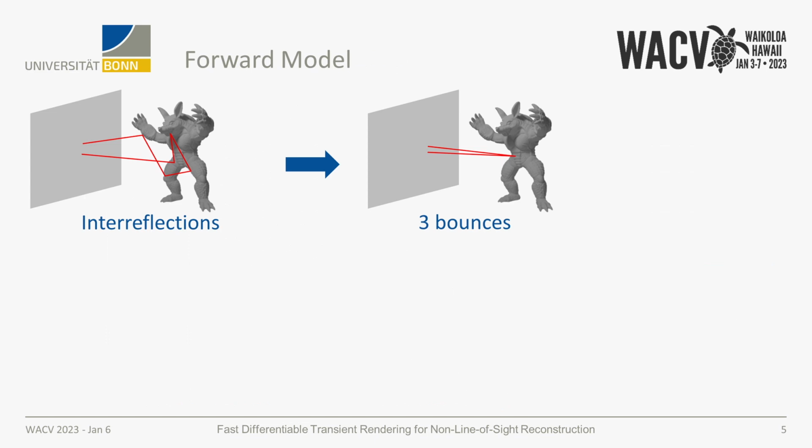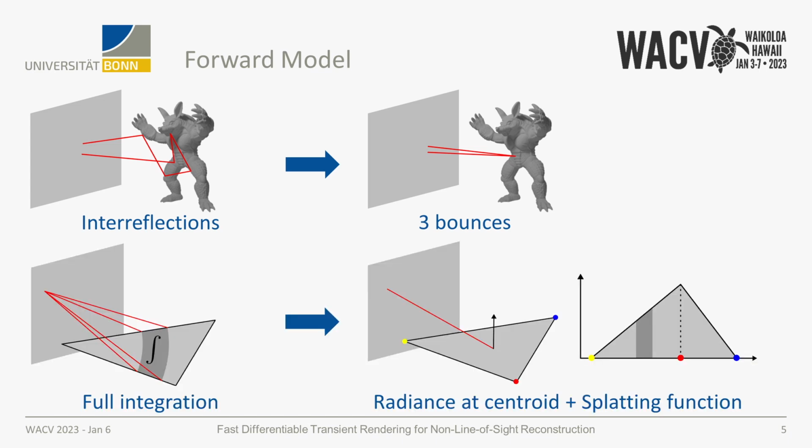For our forward model, we use the same simplifications of the image formation model as the original renderer. They assume that there are no interreflections on the object since they contribute little to the final image, so the light travels from the wall to one point on the object surface and directly back to the wall. They also simplify the integration of circular segments.